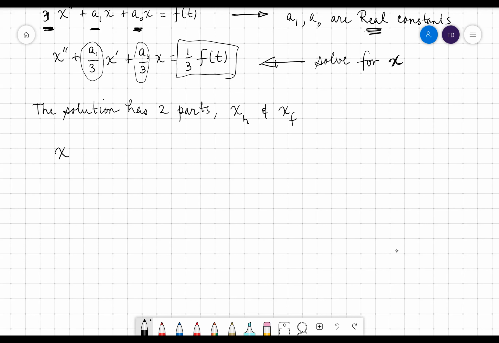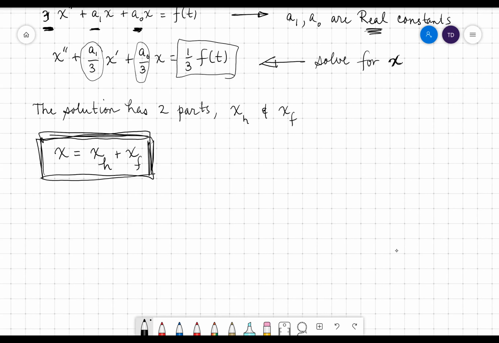So here, X looks like this: X sub H plus X sub F. So it's a combination. This is the solution. There are two parts. And so we're going to have to break this up and look at how to find each of those parts.